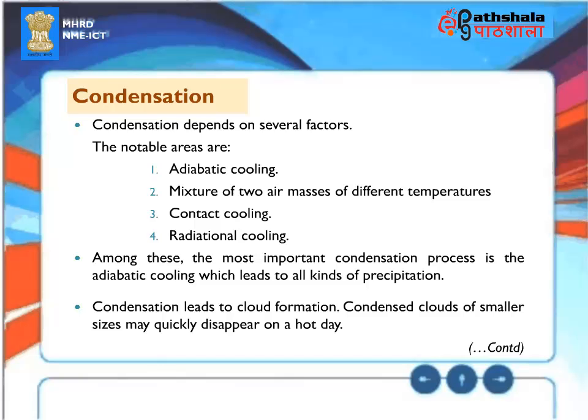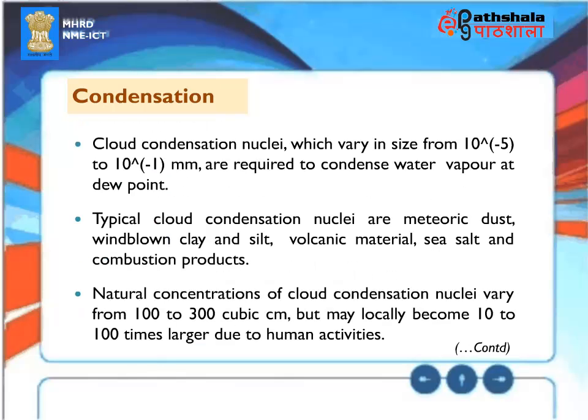Condensed clouds of smaller sizes may quickly disappear on a hot day. Cloud condensation nuclei, which vary in size from 10 to the power of minus 5 to 10 to the power of minus 1 millimeter, are required to condense water vapor at dew point.